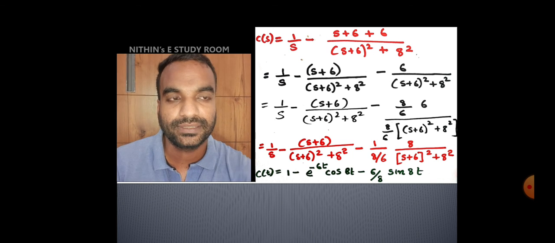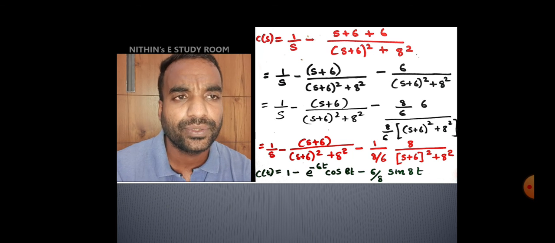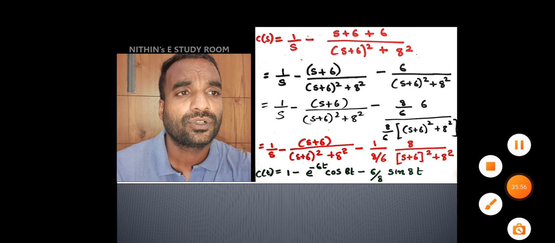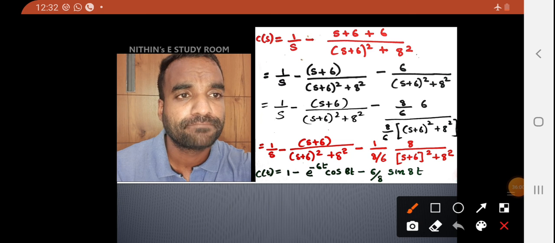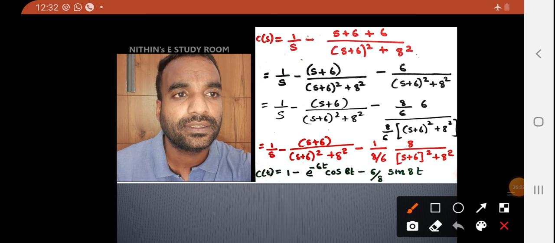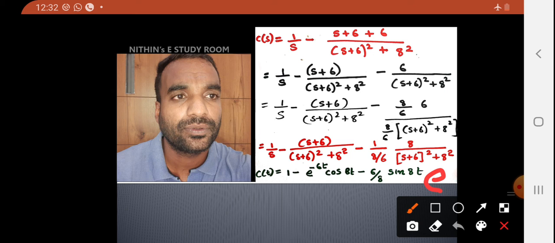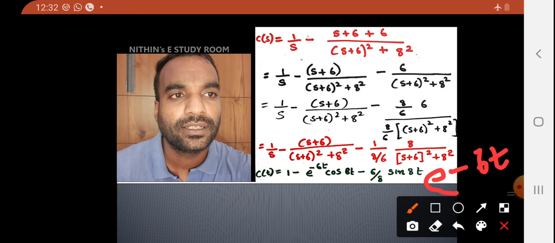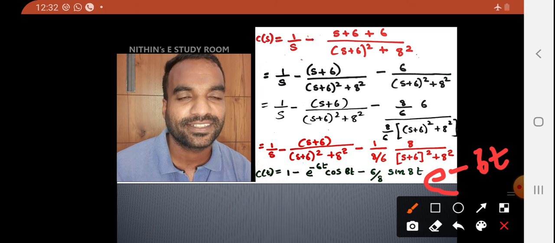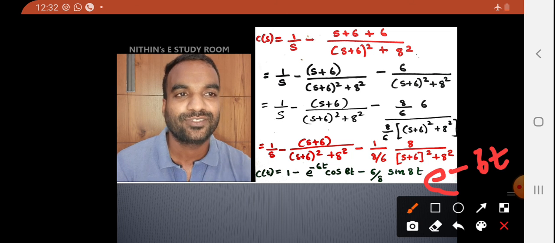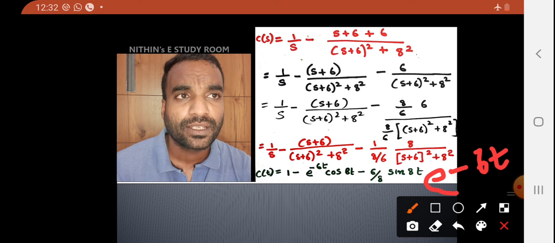Please write sin 8t into e raised to minus 6t. You please do that also, otherwise it will be a mistake. It was my mistake. That's why I have written there. Okay, is it okay now?